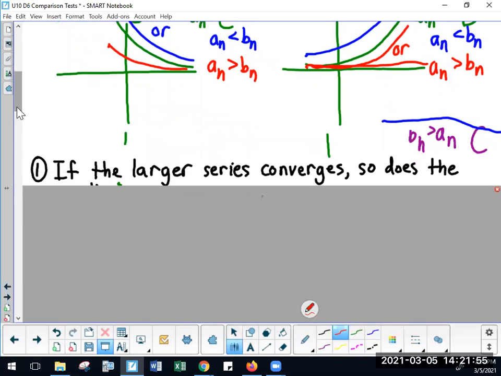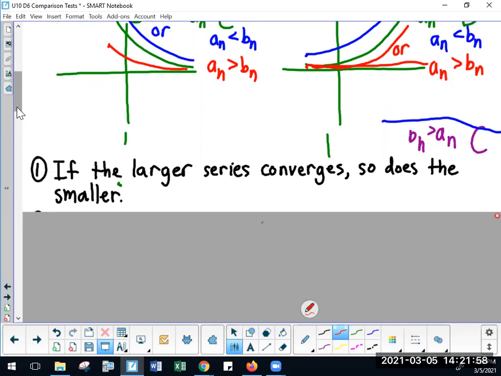Here's the complexity that we're going to take out. If the larger series converges, the smaller series must converge. That is in the first picture. That is what has to be true. This is a series that converges. If that series is larger, the smaller series has to converge.